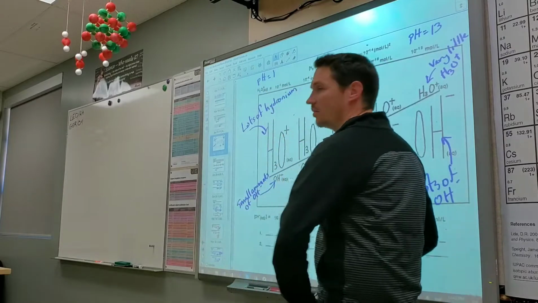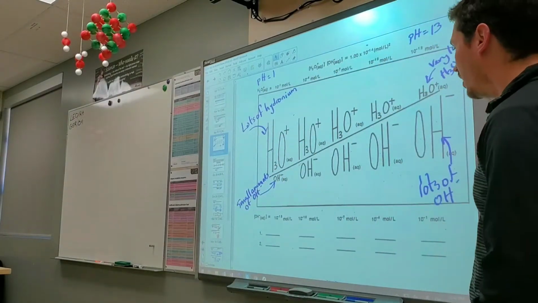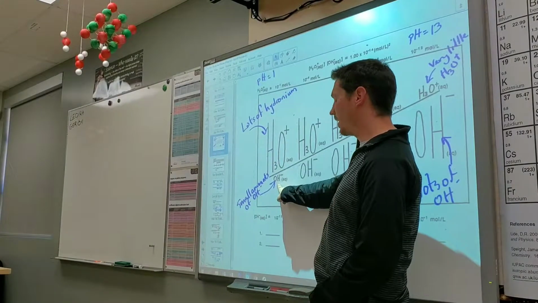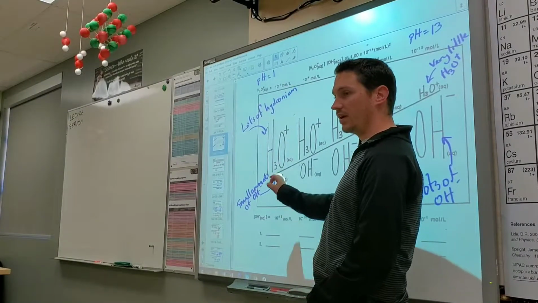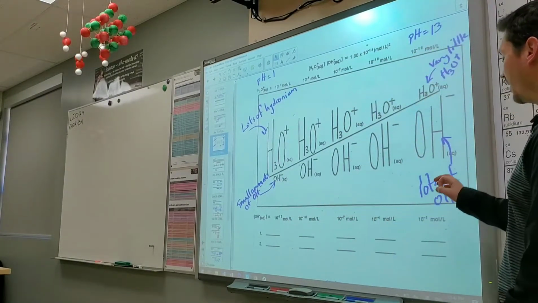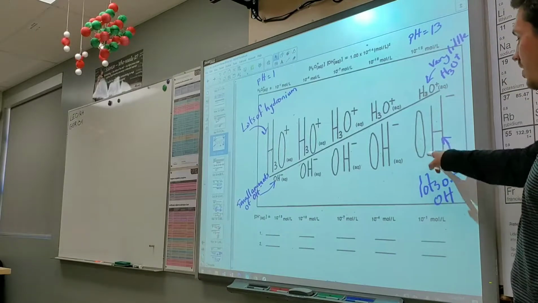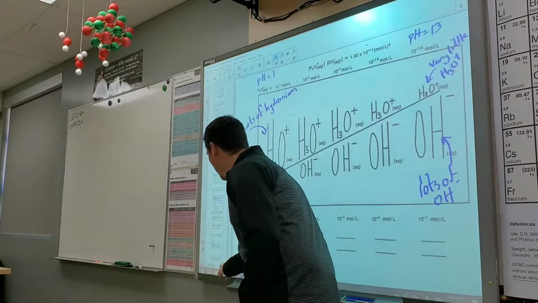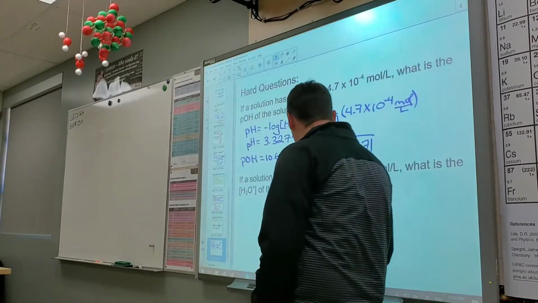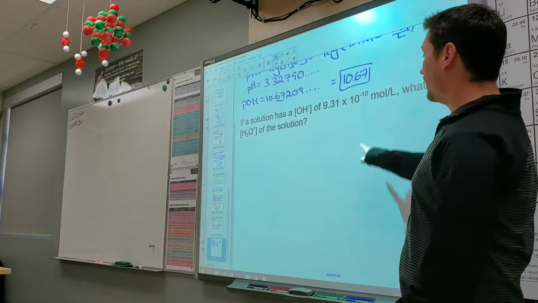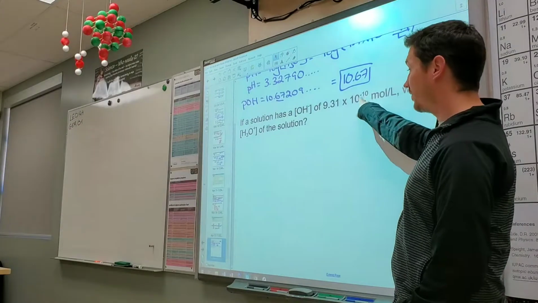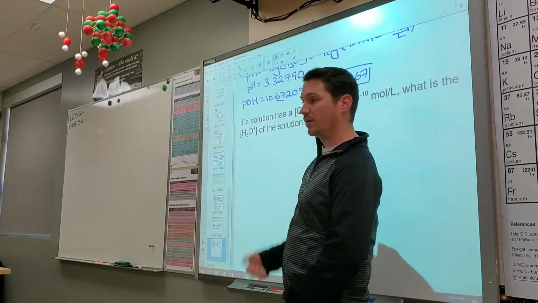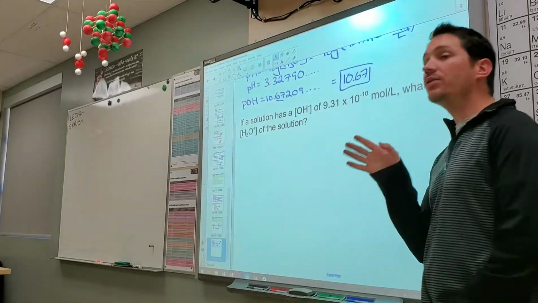If I take a look at my picture here, when I have lots and lots of hydronium, what do I have of hydroxide? Very little. So if I have very large amounts of hydroxide, I have very little hydronium. Here, in our example, if we have a very tiny amount of hydroxide, what does that mean about our hydronium? There's lots of it.